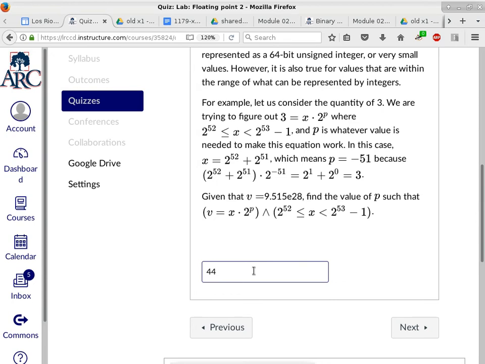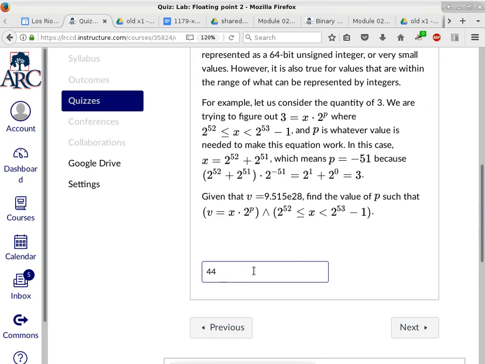So the bottom line is, if these are the restrictions and this is the quantity that I need to specify, then the value itself is expressed in units of 2 to the power of 44. There's no way we can actually resolve any quantity that is less than 2 to the power of 44.